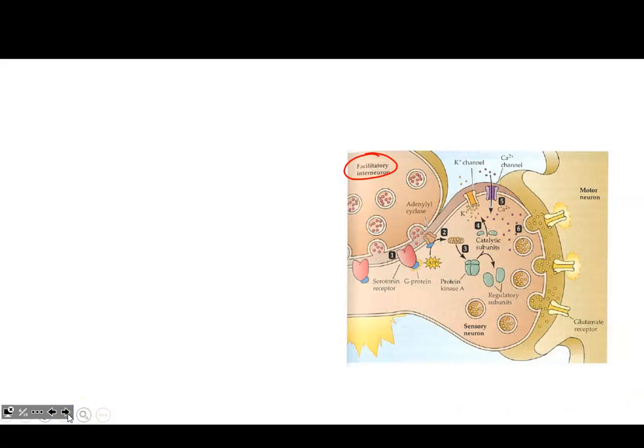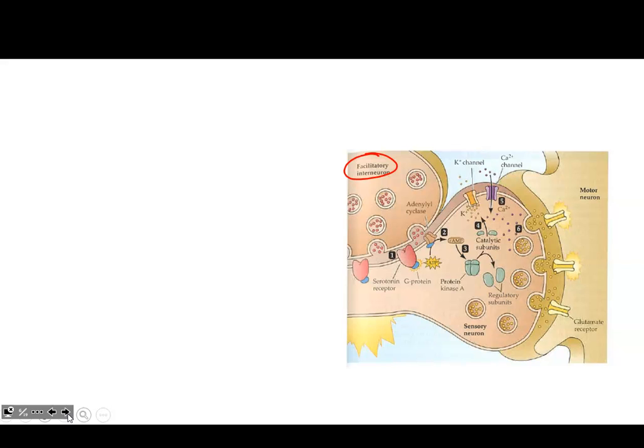And so this modulatory interneuron is releasing neurotransmitter, which is activating a G protein, which leads to the eventual activation of PKA. And the end result of PKA activation is essentially more neurotransmitter release.